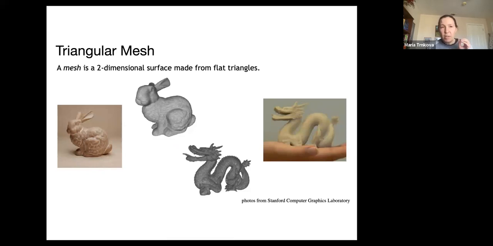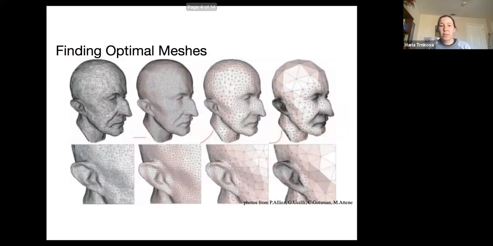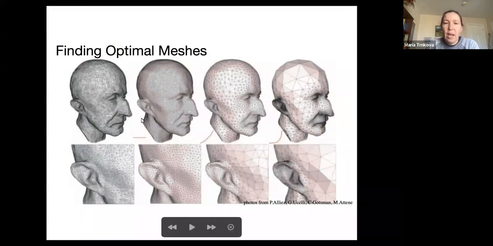So, okay, triangles are nice, but triangles are different. We can take the same surface and triangulate it differently. Now you can see 4 different meshes of the same object. In the second row, we zoomed in to see differences. So how do you think, which mesh here is the best?